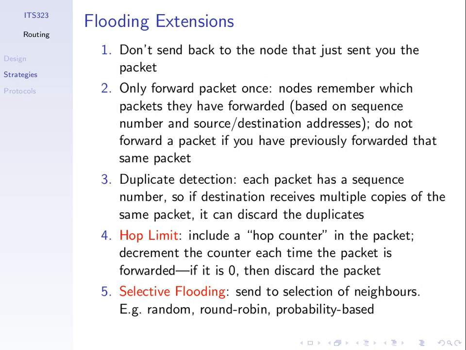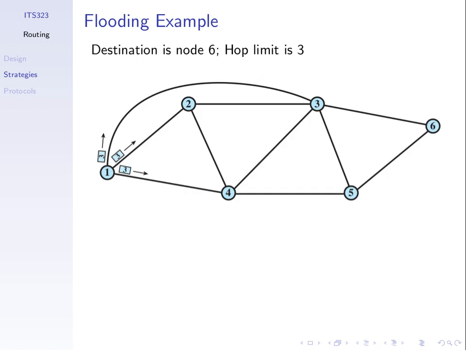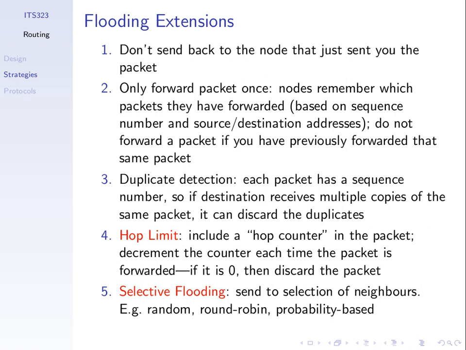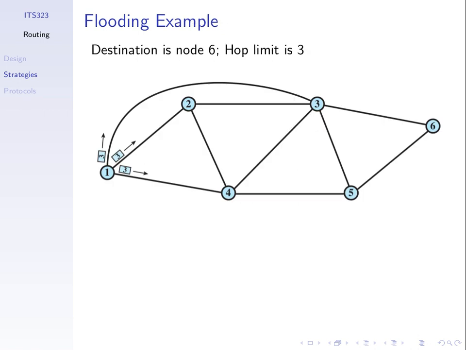Here's an example which uses just the first case. It will not send back to the neighbour, to the previous node, and it will use a hop limit. In this case, node 1 has a packet. It has one data packet to send to node 6. We're using a hop limit of 3.